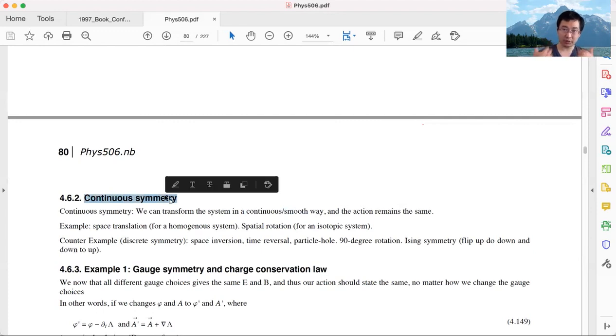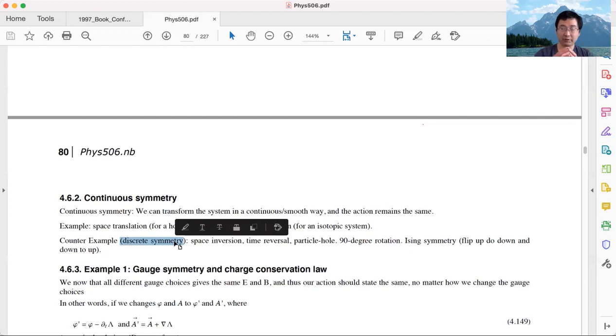And opposite to continuous symmetry is what we call discrete symmetry. An example of discrete symmetry is the mirror. If we take a mirror image of something and the object stays the same, that is called a mirror symmetry. This mirror transformation is not continuous, because you cannot do a mirror image gradually.